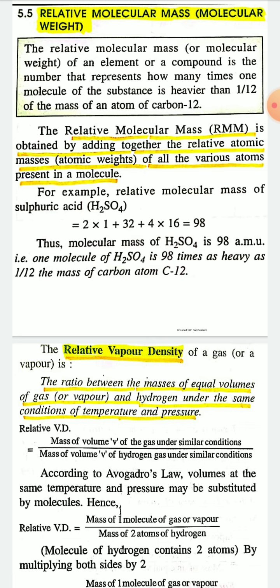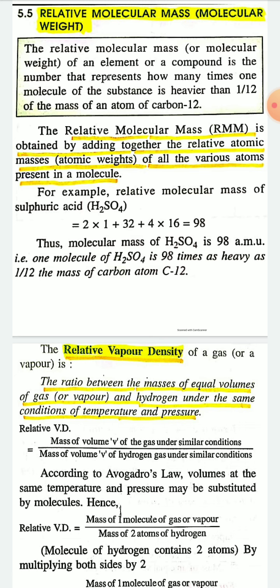So the relative molecular mass of H2SO4 is 2 into 1 plus 32 plus 4 into 16. Just add the relative atomic masses of all the various atoms present in the molecule. So the relative molecular mass of sulfuric acid is 98. Thus the molecular mass of H2SO4 is 98 amu.